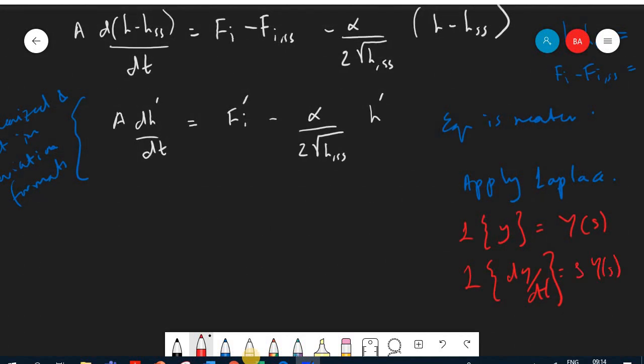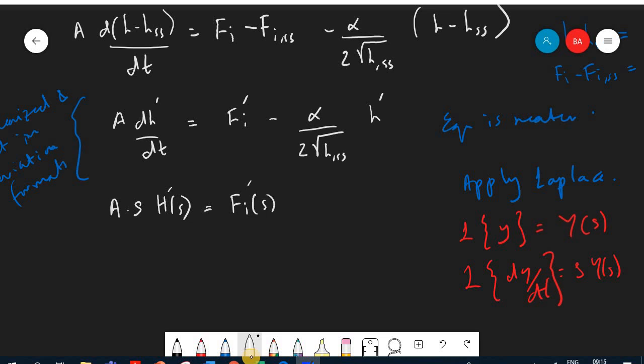So that is what you need to remember here. Okay, so now we're going to apply Laplace. This is a derivative term, so it will be s h of s, and I know that it is in deviation format, so I'm going to put the deviation format, is equal to fi of s. So it's the same thing, right?